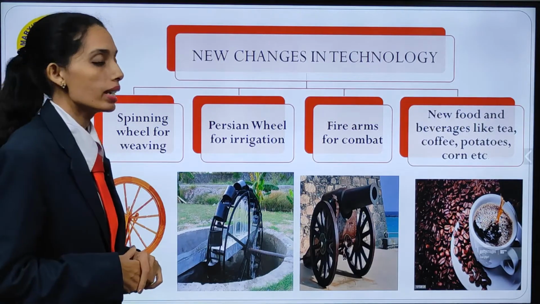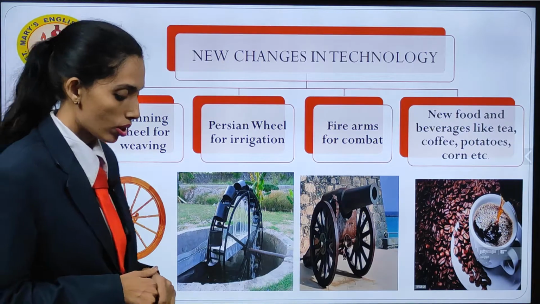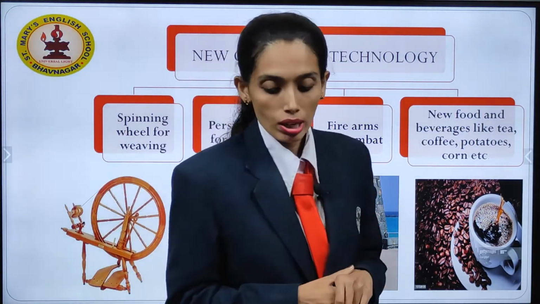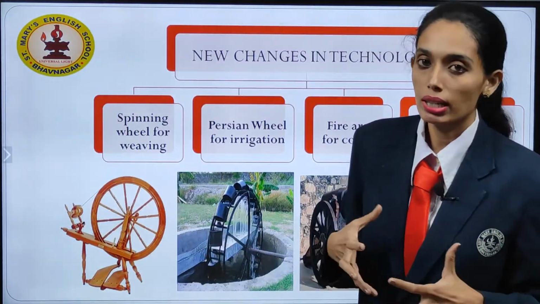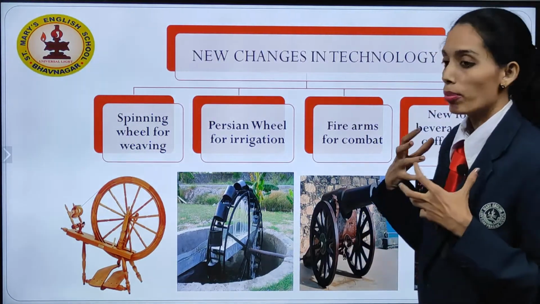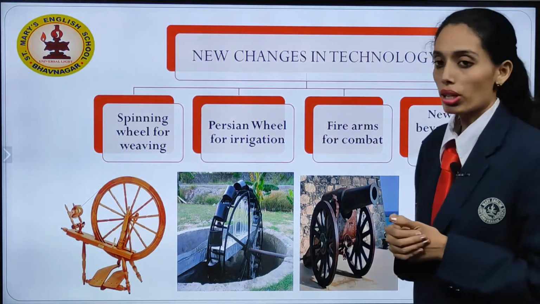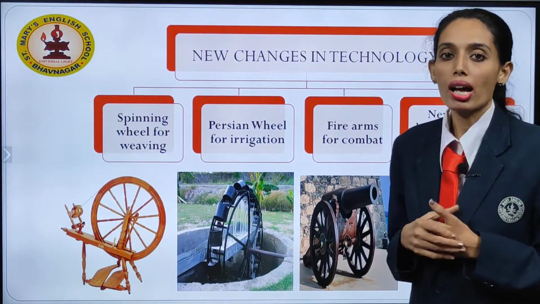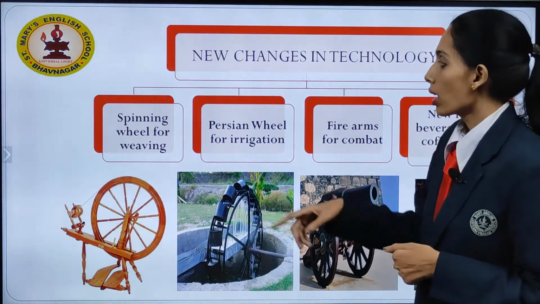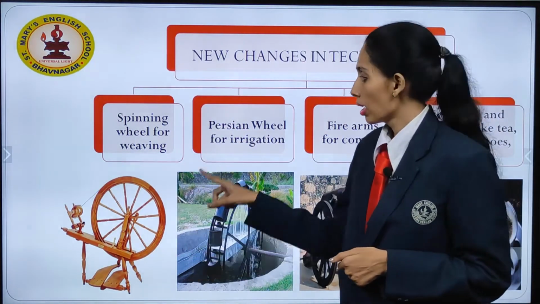New changes in technology. Here you can see a lot of changes. You heard about Europeans coming to India for business purposes. They brought with them some changes in technology, which became useful for our Indian people as well. Spinning wheel for weaving. You can see the picture here.